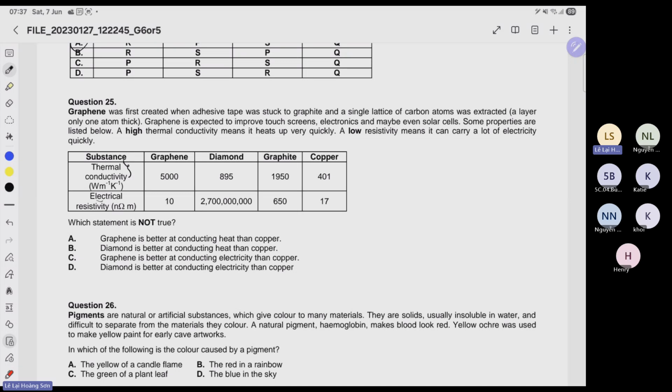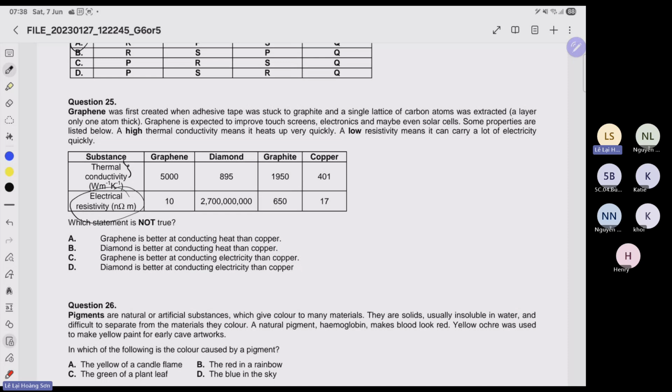However, when you see the word resistivity, it is the ability to resist the electrical flow, the electrical current. So the higher the electrical resistivity is, the worse at conducting electricity the material is.